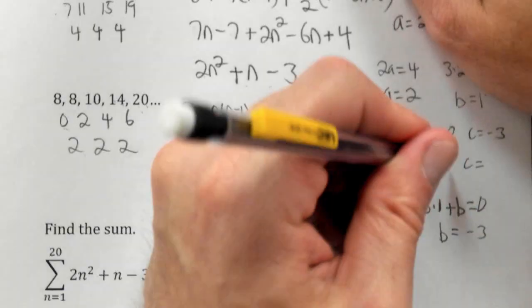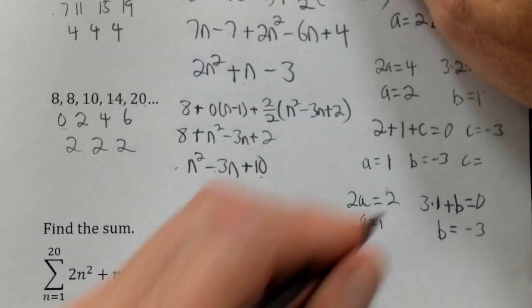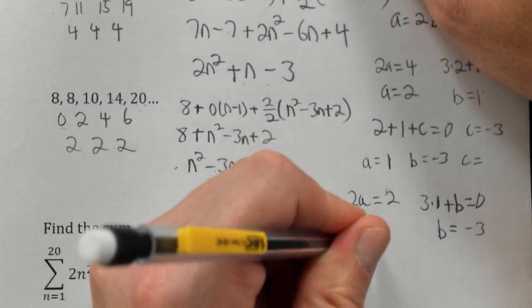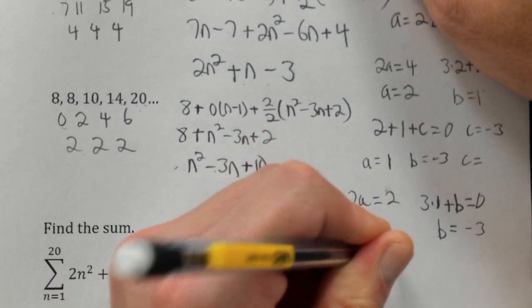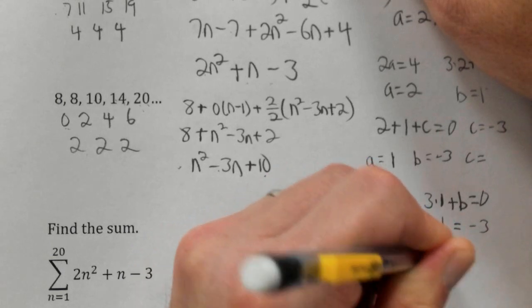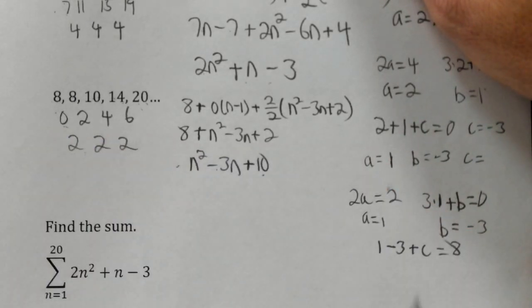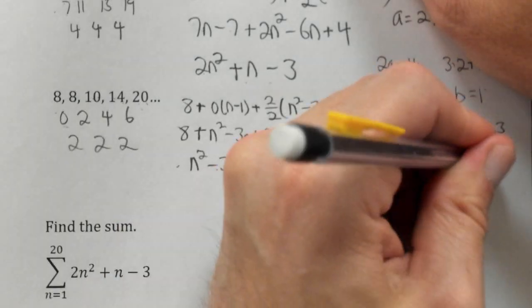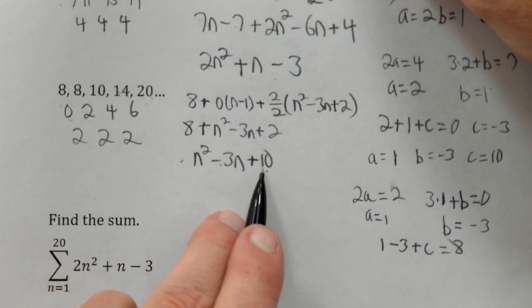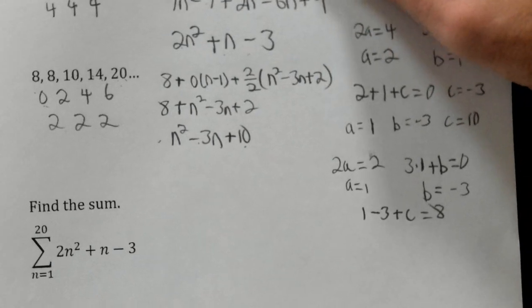So that checks out. And then I have my A plus B, so I have 1 minus 3 plus C equals 8. And so that'd be negative 2, but then it'll be plus 2. So my C is equal to 10. And once again, that's what we got.